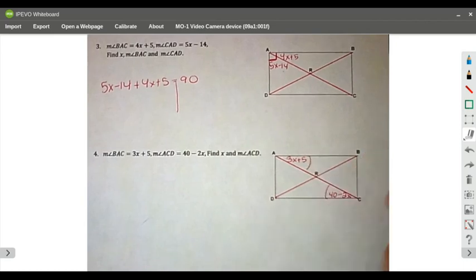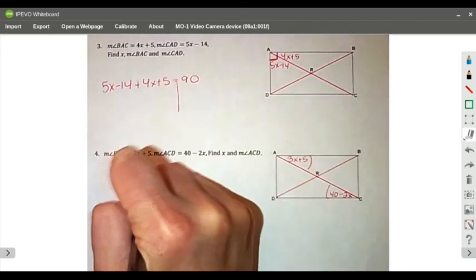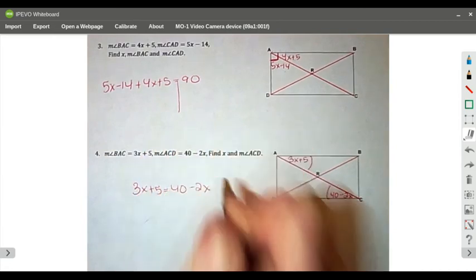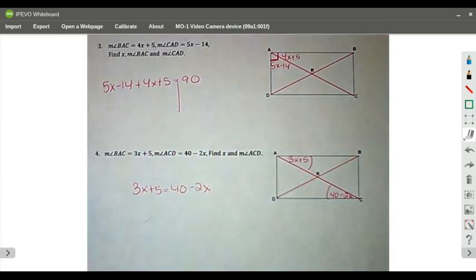These are congruent, remember. So you would just do 3x plus 5 equals 40 minus 2x, and then you would solve. So this is what the problems are like for these sections. Basically, you are given some information about a picture. You want to label it. Think about what you know is true based on these properties, and then set something up.